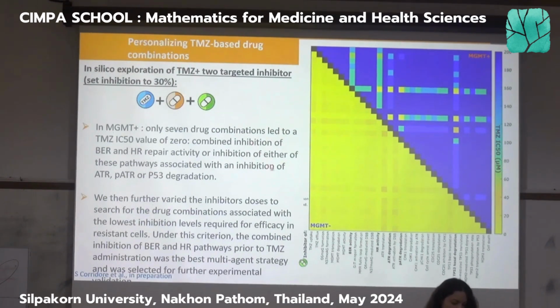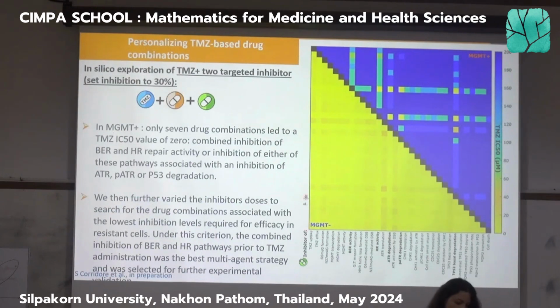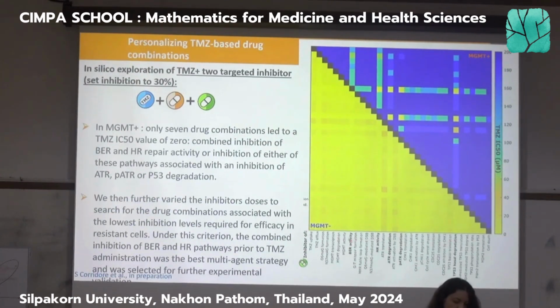Let me walk you through that. The lower triangle is the sensitive cells, and the upper triangle is the resistant cells. Here you have the parameters which are inhibited, and you have actually the same here in color.